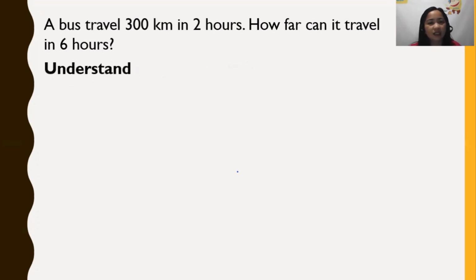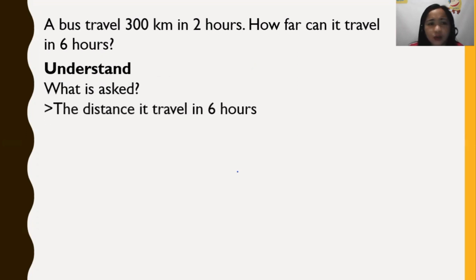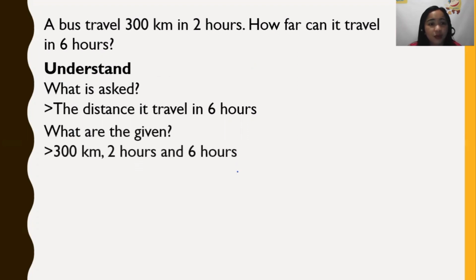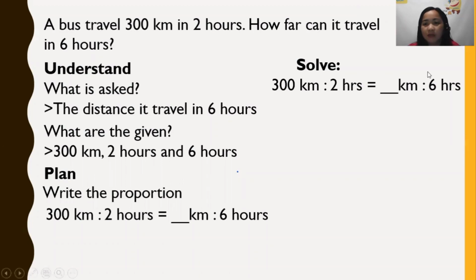Now, what is asked in this problem? What is asked is how far or the distance traveled in 6 hours. What are the given? We have 300 kilometers, 2 hours, and 6 hours. Now, let us plan. So, in planning, we need to write the proportion.